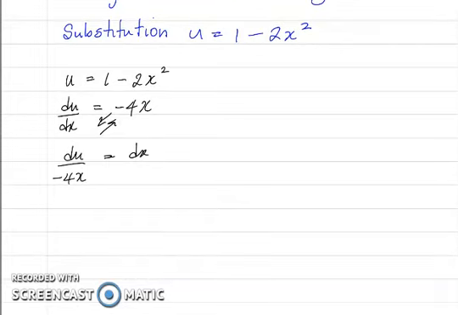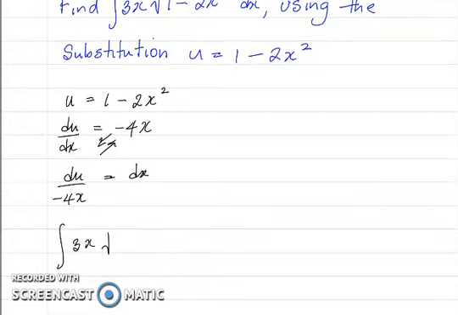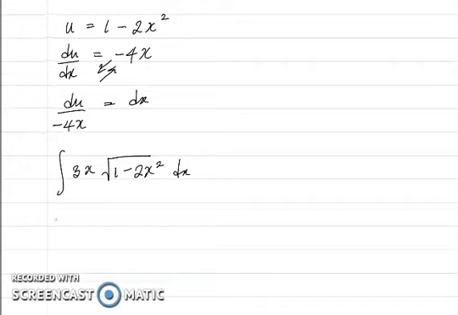I think I'm ready now to write my integral. So the integral of 3x times the root of 1 minus 2x squared with respect to x is the same as the integral of 3x. Remember, 1 minus 2x squared is u, so this is times the root of u.